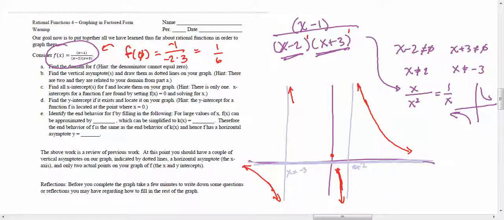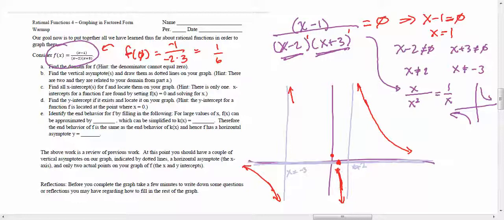Let's check. So to find the x-intercept, you set this whole thing equal to 0. If that equals 0, then I can multiply through by that denominator, and those basically die. And so I end up getting x minus 1 equals 0. Okay, so x is equal to 1. That's my horizontal intercept, my x-intercept. So it's at x equals 1.